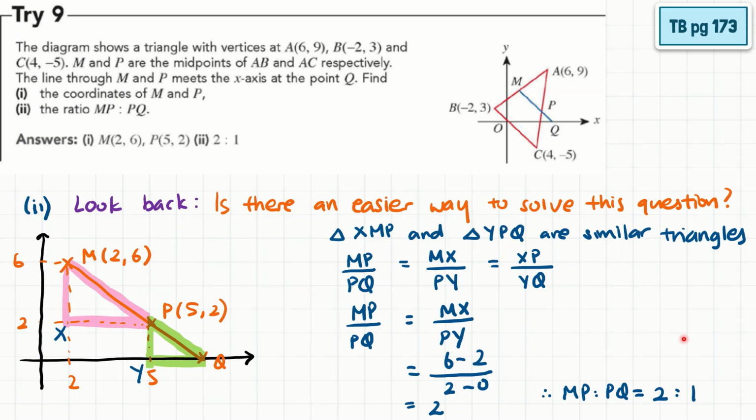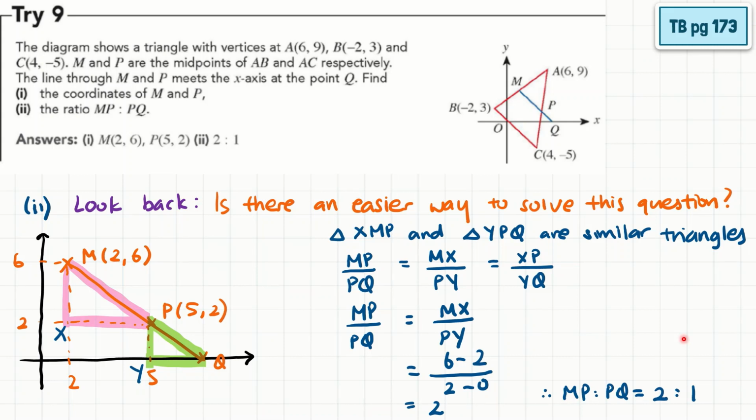You may want to take some time to process this, and perhaps also recall your concepts of similar triangles, which we learned in Sec 2 last year. That will help you greatly in being able to solve this question. Looking at this method that I have presented, it is definitely way shorter than what we did earlier.